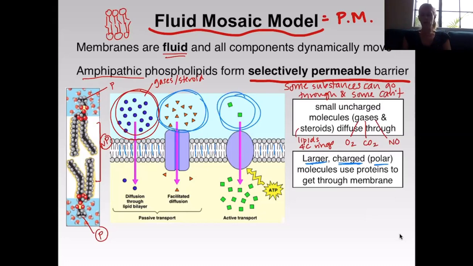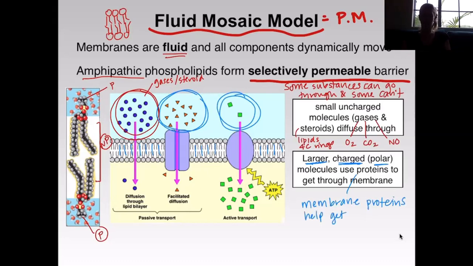So what they use as a gatekeeper are proteins. Membrane proteins, or proteins that are embedded in the phospholipid bilayer, will help get these kinds of molecules across the membrane.